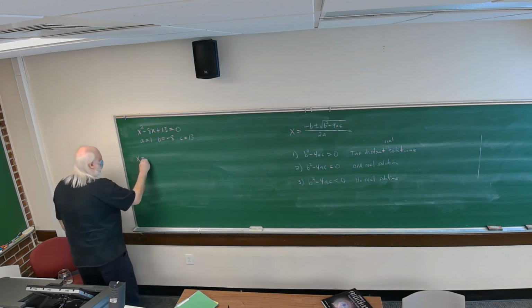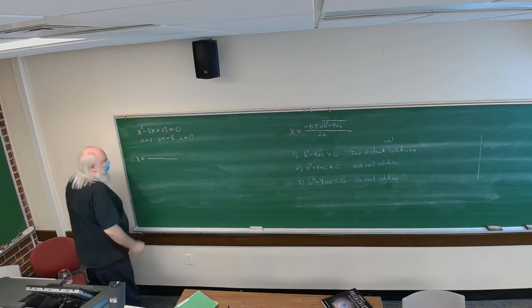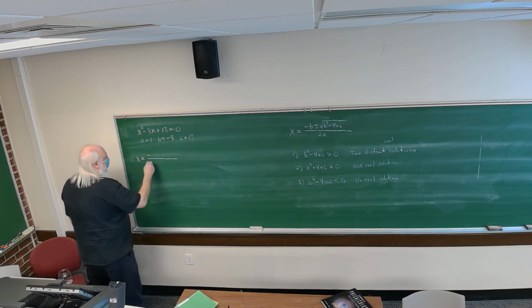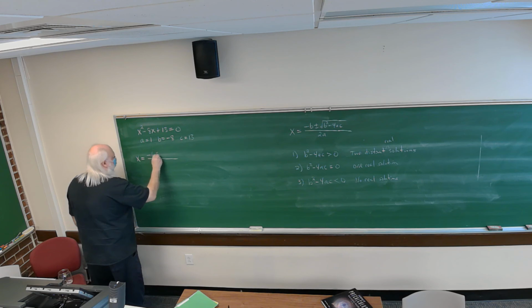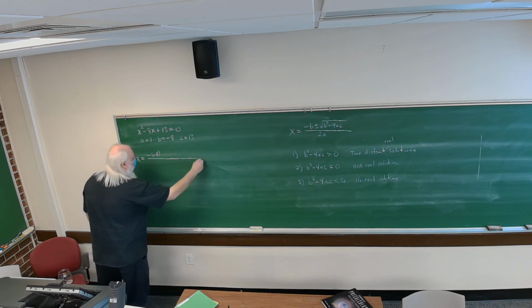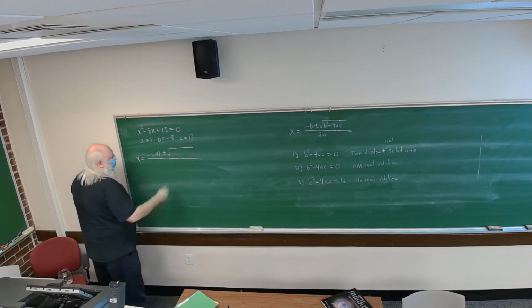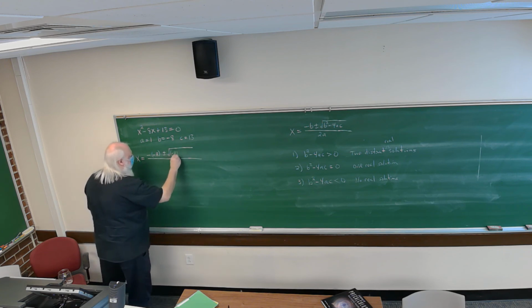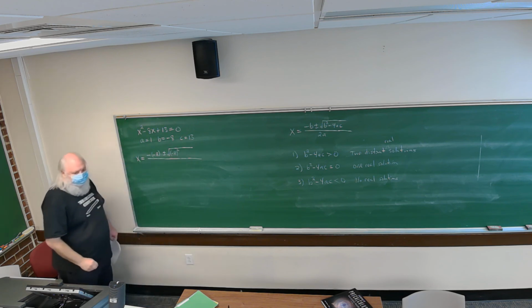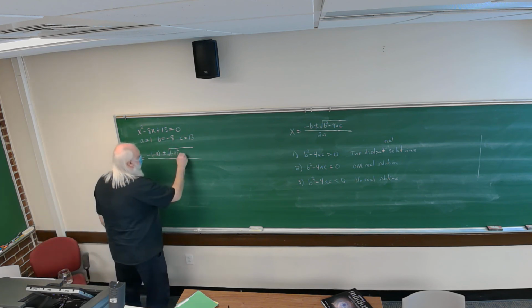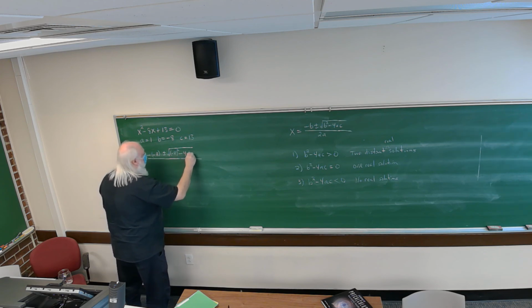So we just plug into the quadratic formula, right? The negative of b in this case, right, is the negative of negative 8, plus or minus the square root of b squared. Well, b squared in this case is negative 8 squared. We have minus 4 times a, which is 1, times c, which is 13.